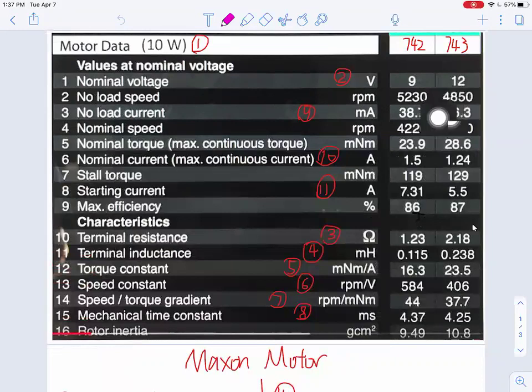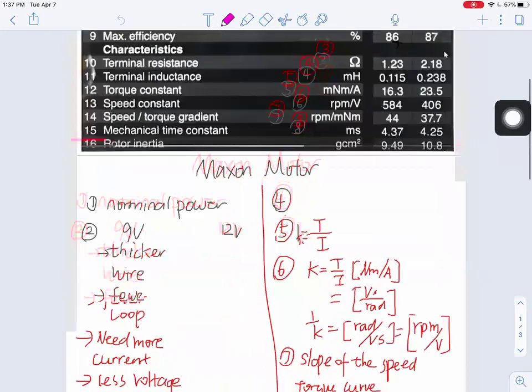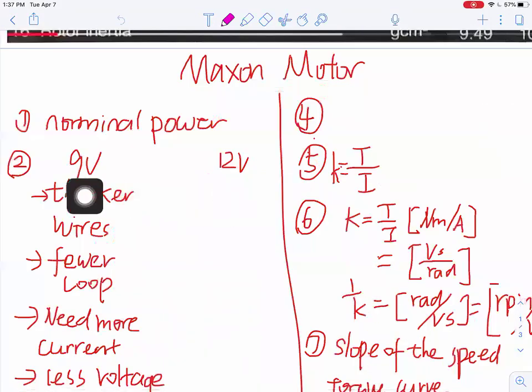So the one with 9-volt nominal voltage could have much thicker wires for the coils, and they could have fewer loops in the coil as well.